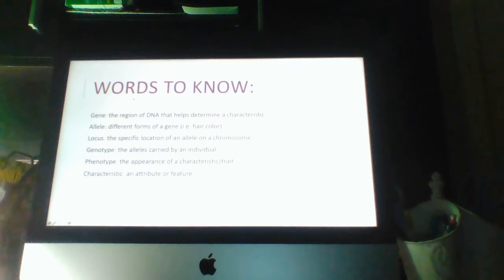A locus is the specific location of an allele on a chromosome. Genotype are the alleles that are carried by an individual, and phenotypes are the appearance of a characteristic or trait, like eye color. A characteristic that you'll see is an attribute or a feature, okay?